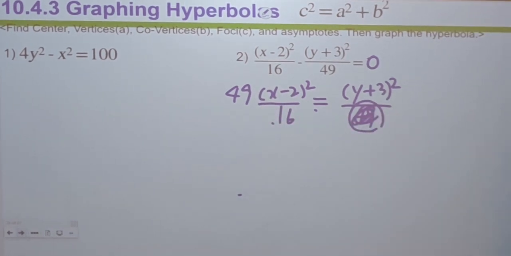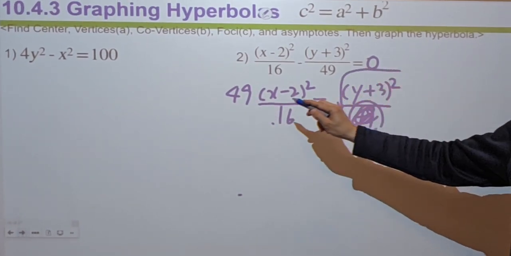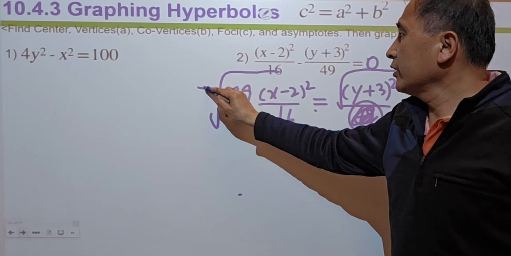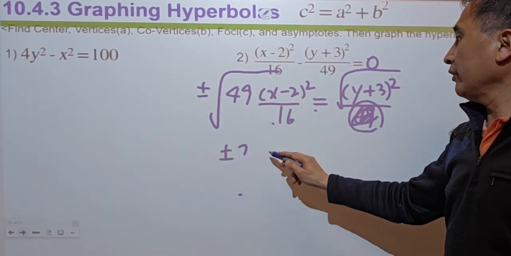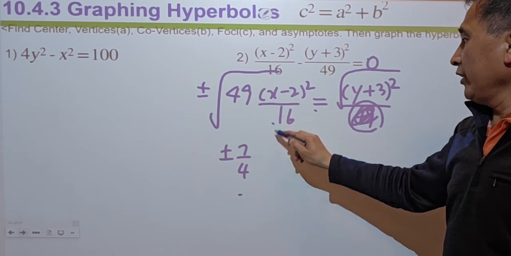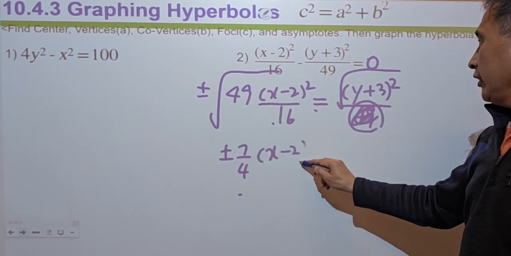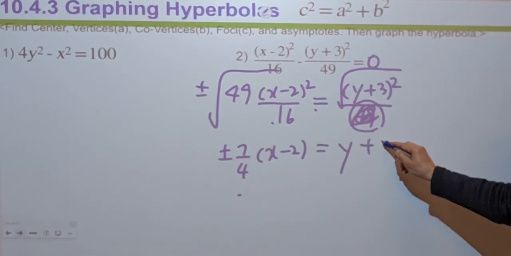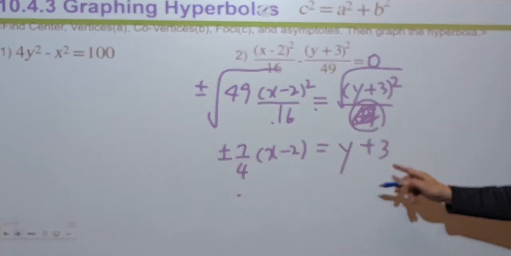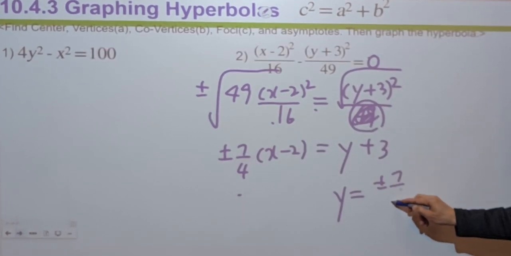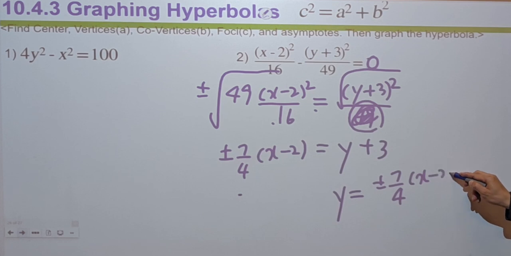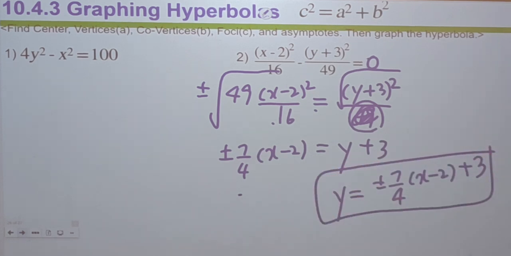And then take square roots, plus minus. 49 becomes 7, 16 becomes 4, and here x minus 2 and y plus 3. So y plus 3 equals plus minus 7 over 4 times x minus 2. You can simplify, but I'm going to leave it as it is. Okay, just like that.